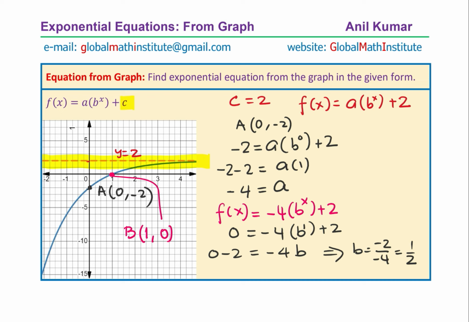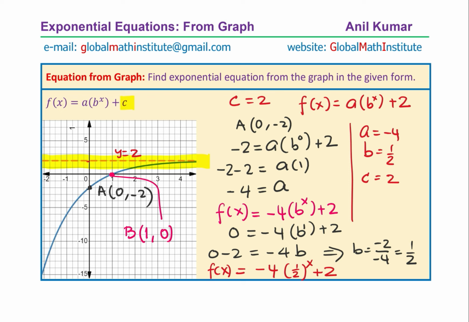You see that? And therefore, I can write down my function. We got all the three values. Let me write down here. A for us is minus 4, b is half, and c is equal to 2. And therefore, the function f of x is equal to the value of a, minus 4, times b, which is half, to the power of x, and c is plus 2.